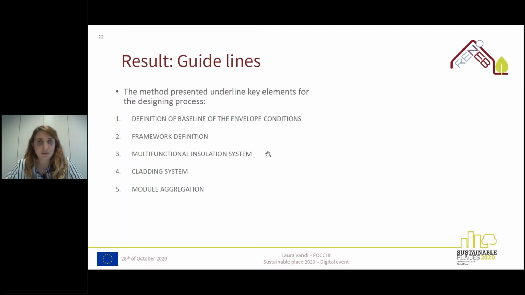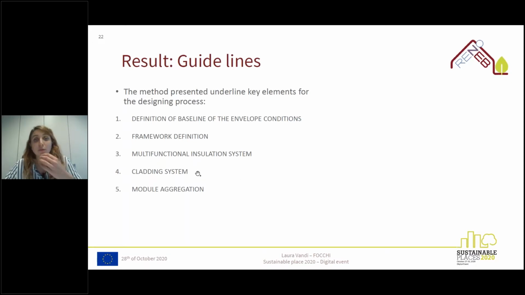Could be just insulation, or as for the renoZEB project, the multifunctional insulation system could be composed of different technologies. The cladding system, as we have seen from the catalog, could be different, and they are related to the cost or the quality or the color that the architects want to achieve.